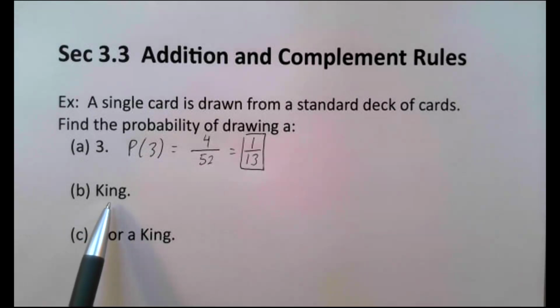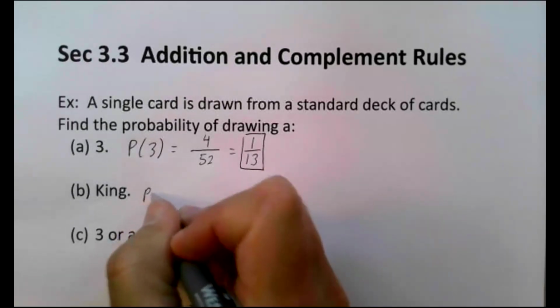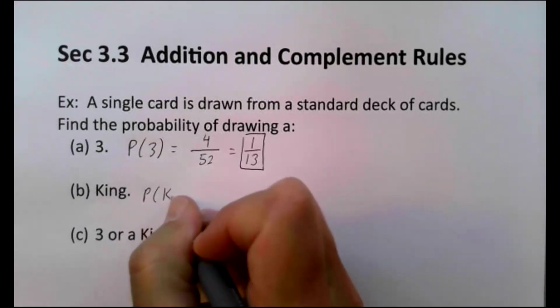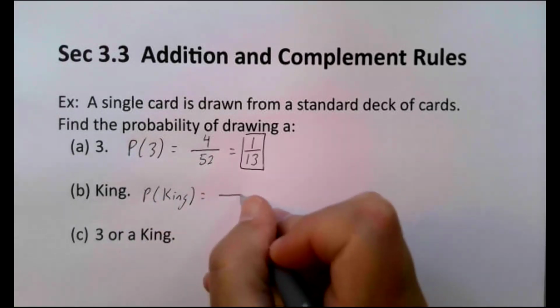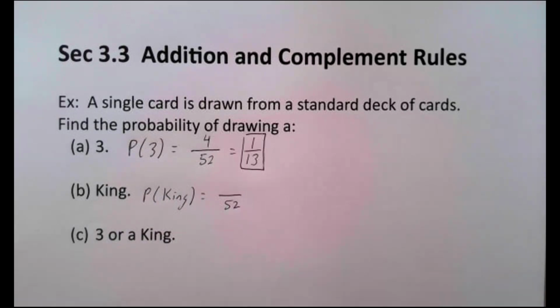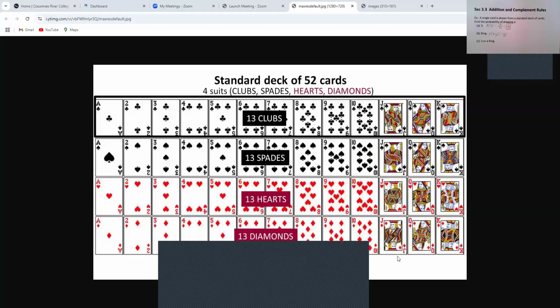What is the probability that the card you drew was a king? What is the probability if you draw a single card out of a deck? What is the probability you got a king? Well, there are 52 cards in the deck, so we might as well put a 52 downstairs there. How many of those 52 cards are kings? Well, look at the chart here.